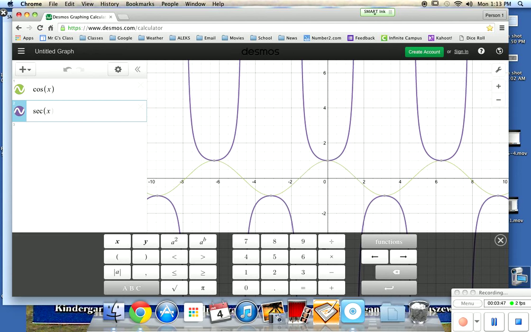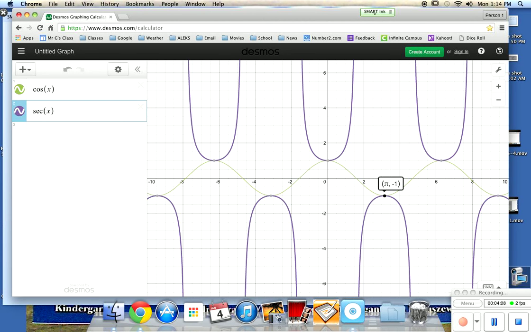It's where the cosine is 0 over some number. And remember, the secant is the reverse of it. We're flipping it over. So that's going to be like something over 0. And that's why it can never be defined at that point. Pi, negative 1. Okay?